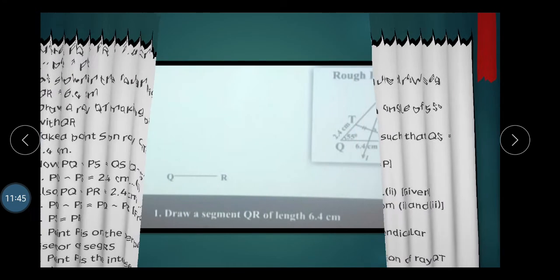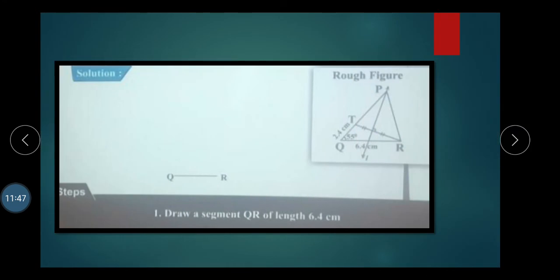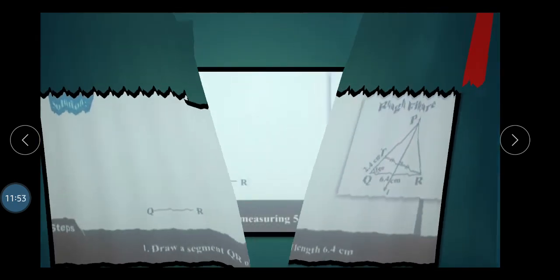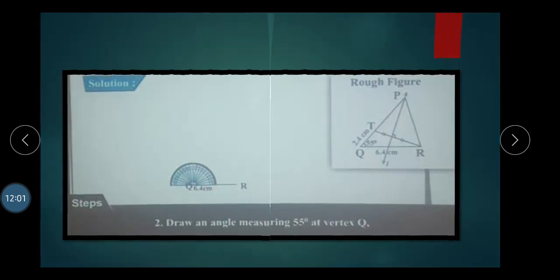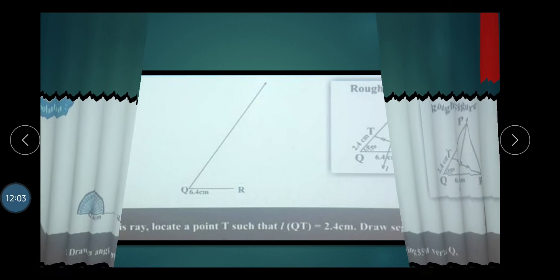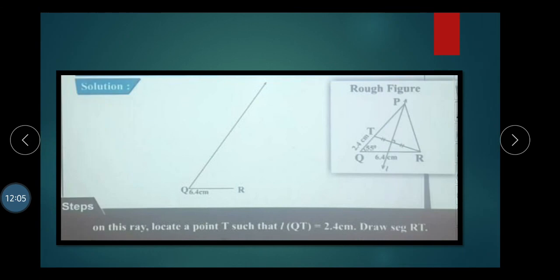Let us see the steps for construction. Draw segment QR of length 6.4 centimeter. Draw an angle measuring 55 degree at vertex Q. On this ray, locate point T such that length QT is equal to 2.4 centimeter.